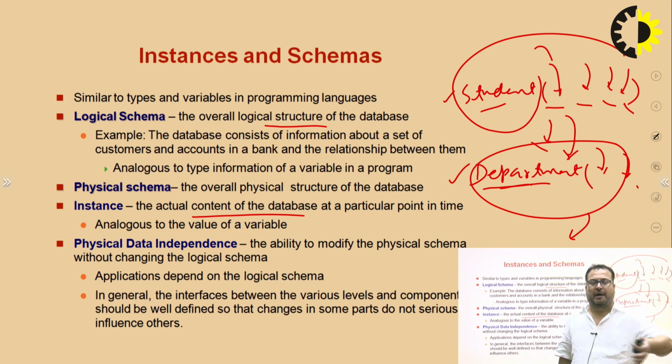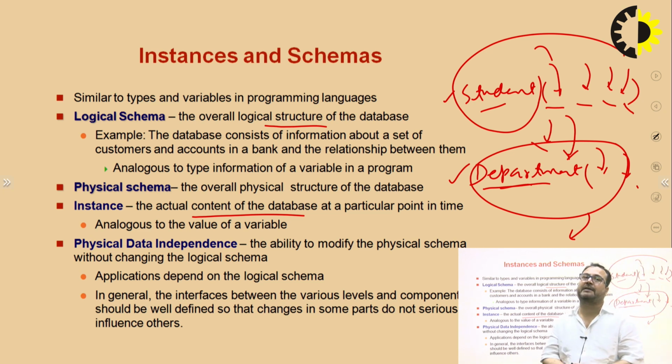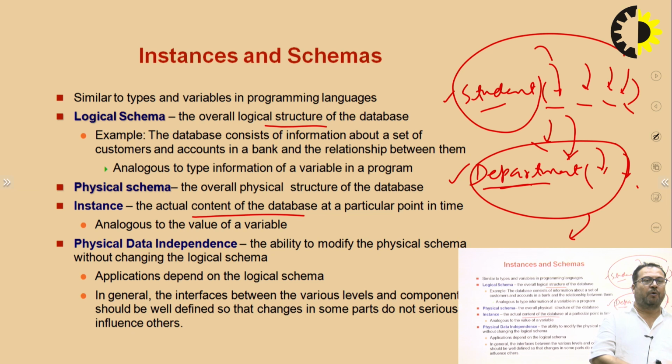It is comparatively easier to achieve than logical data independence, because if you make a change in the logical schema, the relations, say you remove some attribute, and that change should not be reflected at the user level, it is quite tough.